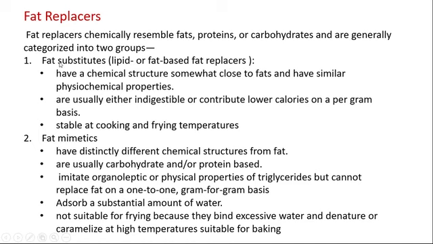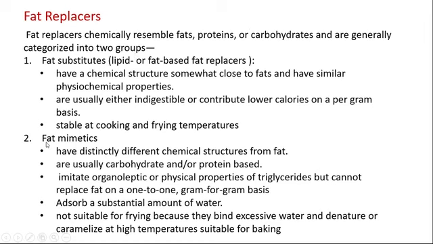These fat substitutes are lipid or fat-based fat replacers, where they have modified the fat, or modified carbohydrate, or modified protein, but there is a base amount of fat, and they can be used. The properties will be similar to or close to that of a fat or oil, and it will be stable at cooking and frying temperature.